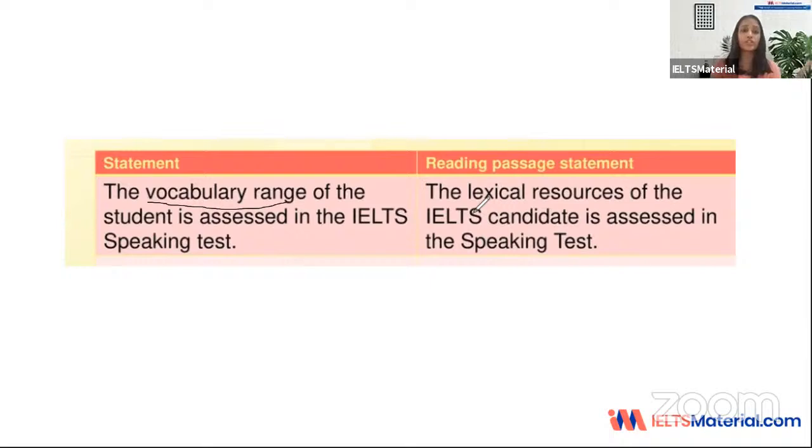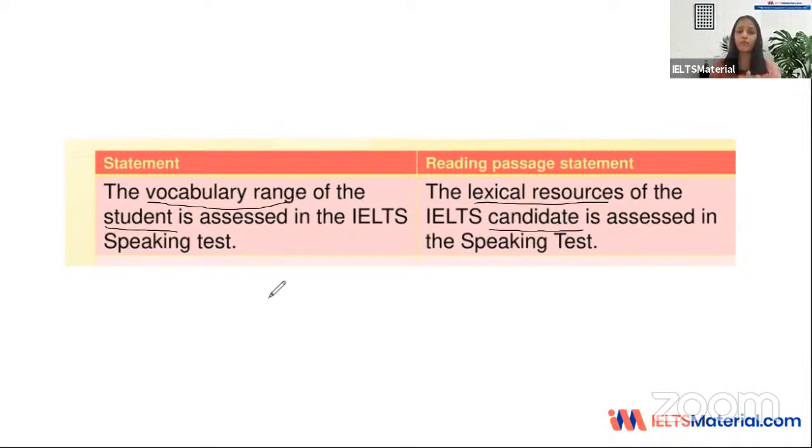So is there any word which is similar to this? Yes, on the right side, it's lexical resources. They both mean the same. Any other synonym? Yes, correct. So student and candidate, they both are the same.